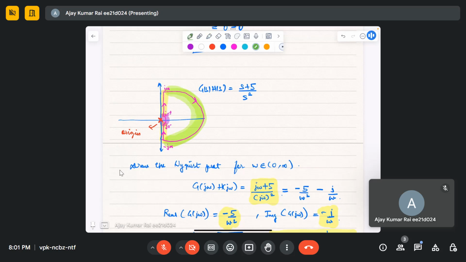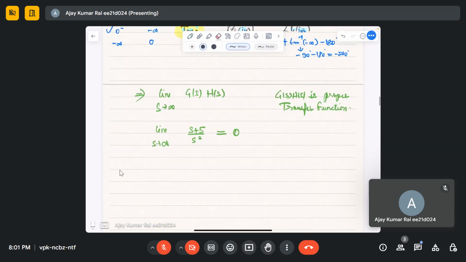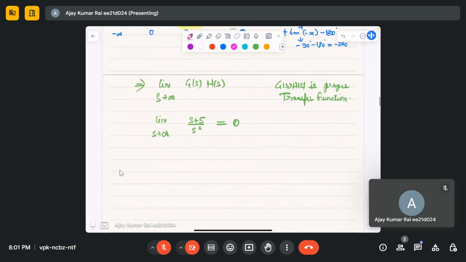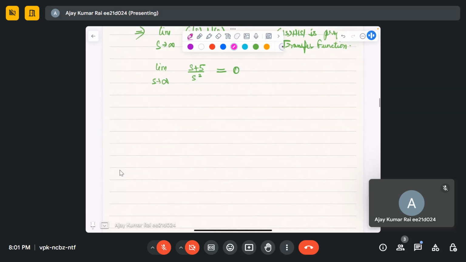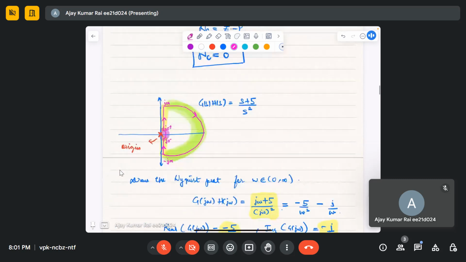Okay, now we have to worry about the pink highlighted portion. So what is that pink highlighted portion? Here, for s, we have taken a very small value, s = ε e^{jθ}.